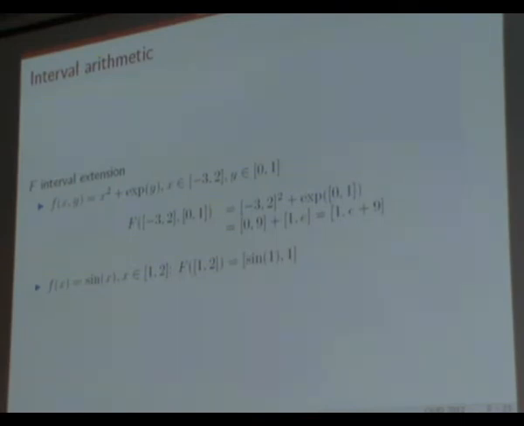So pi over 2 belongs to the interval, so the upper bound of the image is 1. And well, the lower bound of the image is computed by taking the minimum of the evaluation of the bounds.